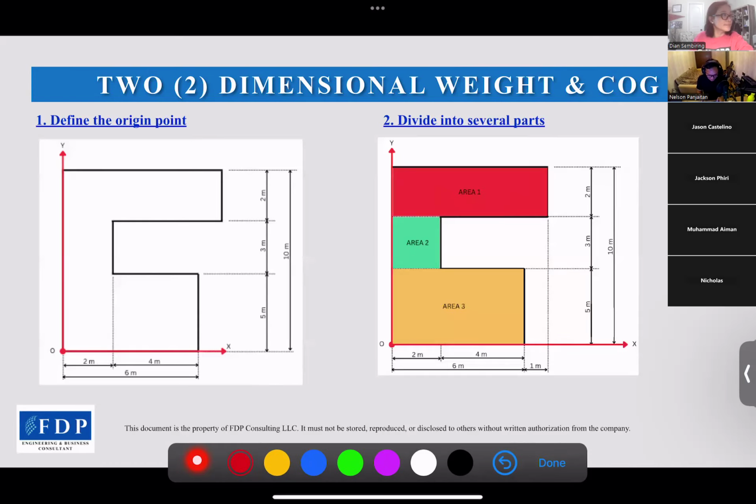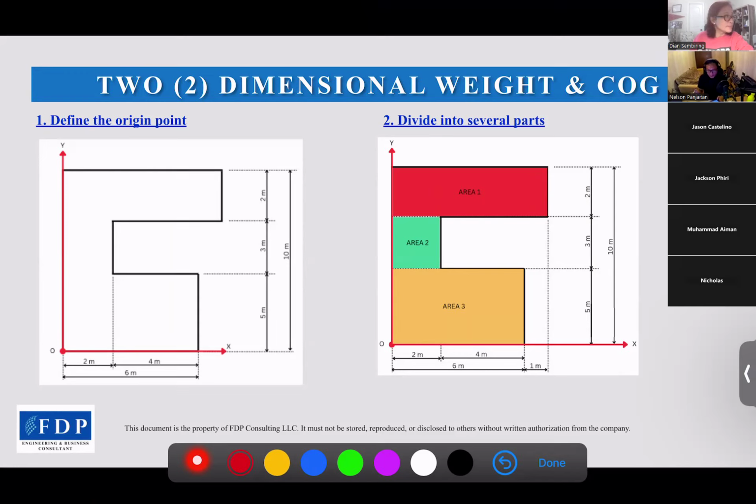First we need to define the origin point. As I mentioned before, the first thing we need to do is define the origin point and consistently use it as the distance reference for each load.